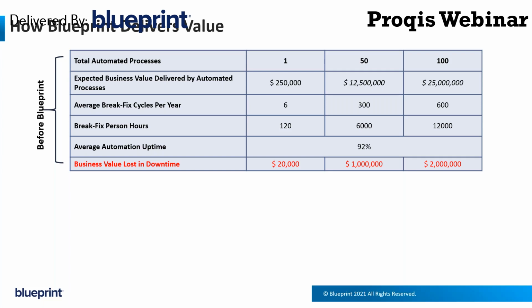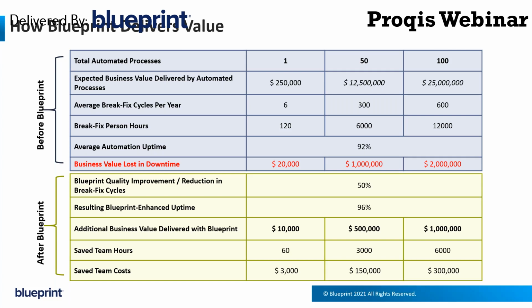Now, if you've got one bot, these numbers are hardly anything to phone home about. But if we start to scale that up to 10, 20, 50, or even 100 bots, that value becomes quite significant. Now, by using Blueprint, we've seen customers build significantly higher quality bots that break half as much as they used to, also a conservative number, which means that their bots are now able to run 96% of the time.